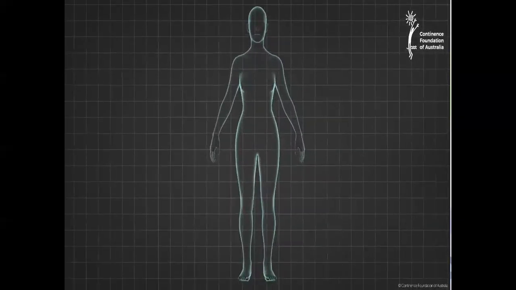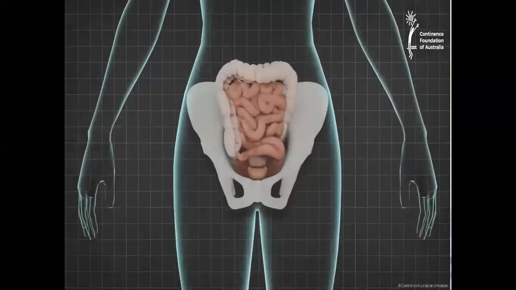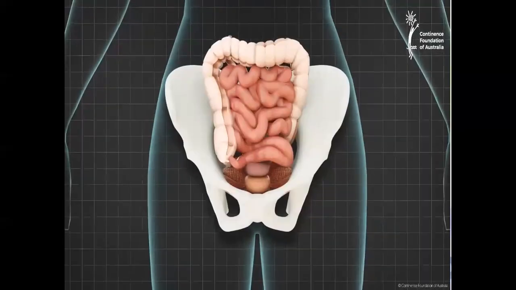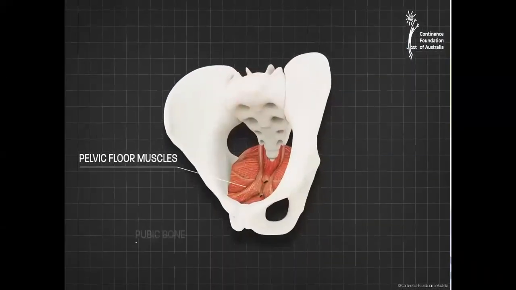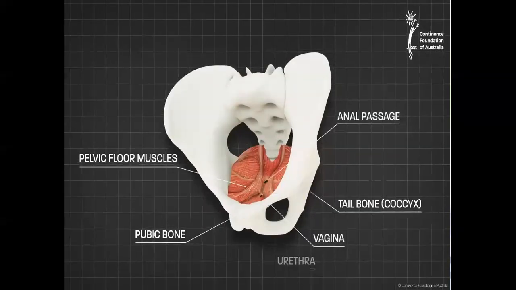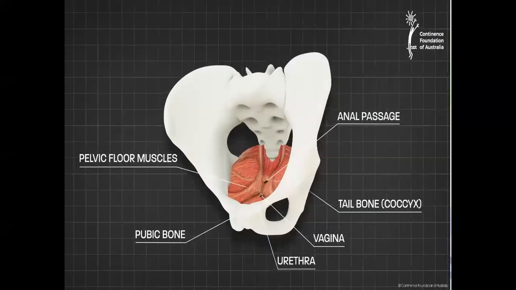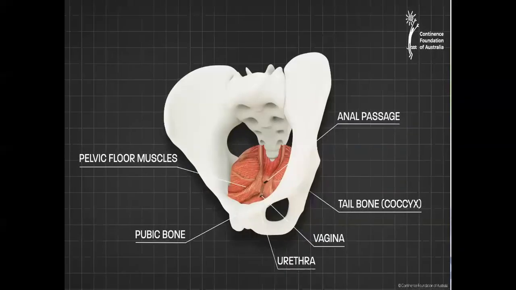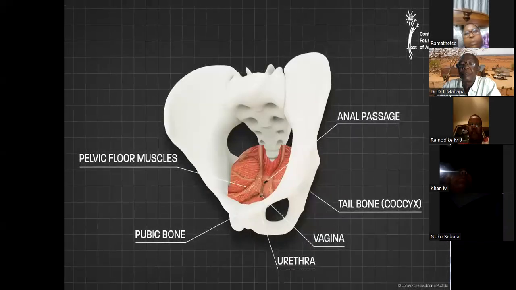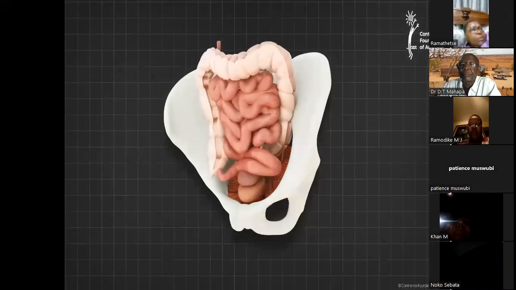The pelvic floor is the base of the group of muscles referred to as your core. These muscles are located in your pelvis and stretch like a hammock from the pubic bone at the front to the tailbone at the back, and from side to side.